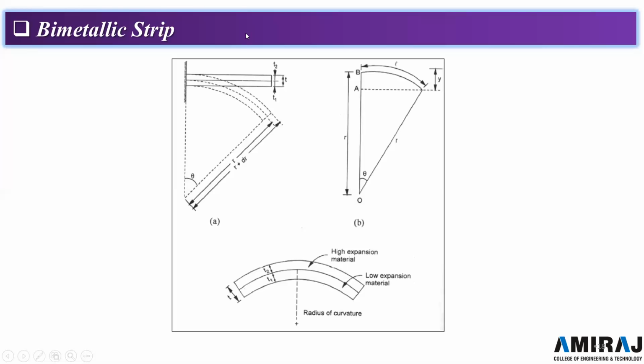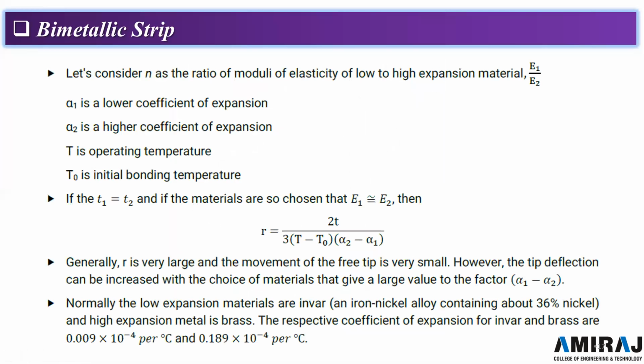हैं कि टेम्परेचर कितना है। Now, for that, we have to consider n as the ratio of modulus of elasticity of low to high expansion material, that is E1 by E2, whereas alpha 1 is the lower coefficient of expansion, and alpha 2 is the higher coefficient of expansion. Similarly, the temperatures T and T0.